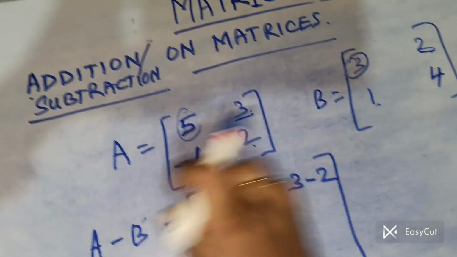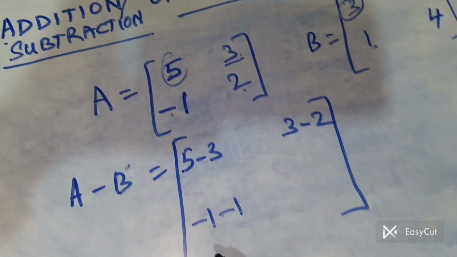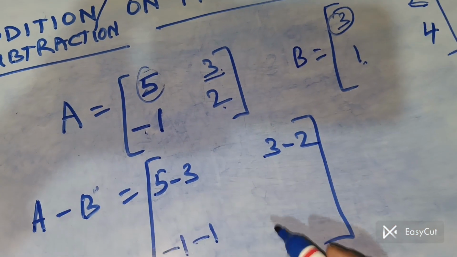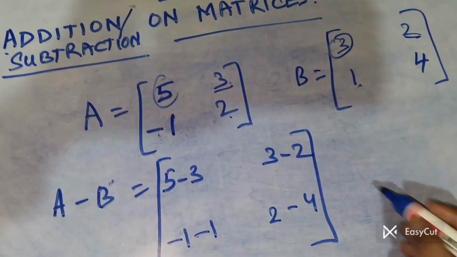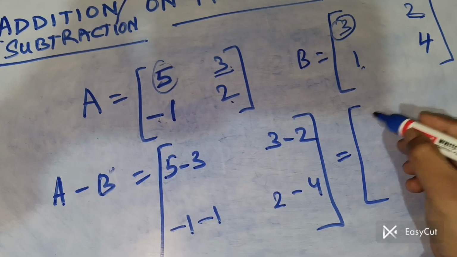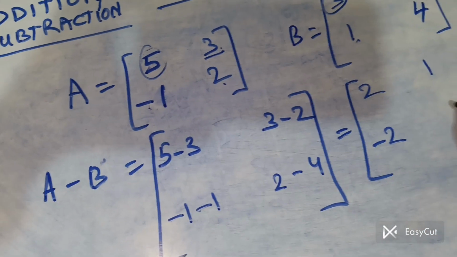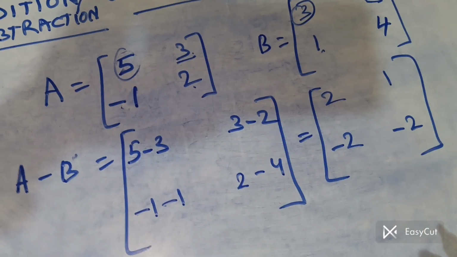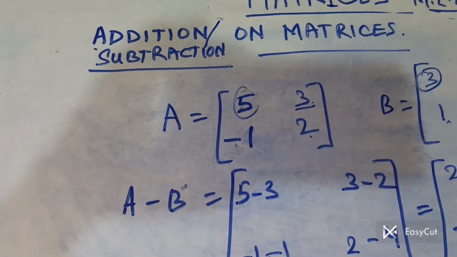Since we are doing A minus B, we have to follow this order: first the elements of A, then the elements of B. It is coming as minus 1, 1, 0, 2. I hope it is clear, the addition and subtraction of matrices.